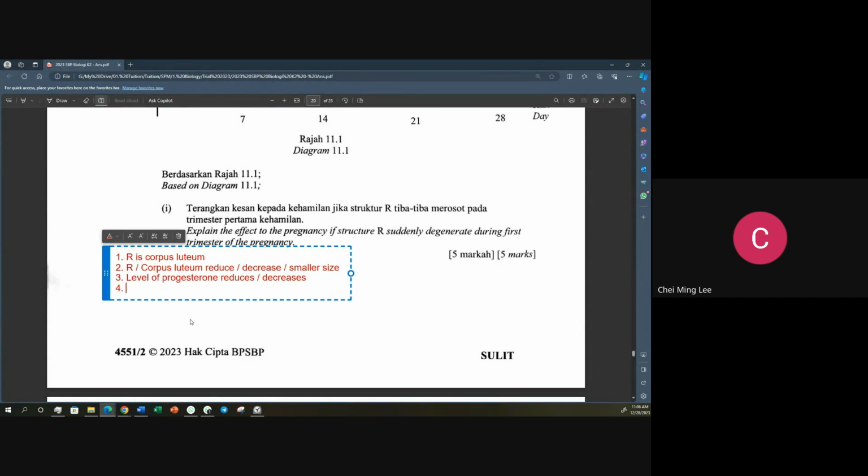And then if the progesterone becomes less, the thickness of the endometrium wall will reduce. And then the endometrium wall will be shed off or disintegrate. So finally, the embryo will fail to implant, so it will fail to become pregnant. So choose any five.